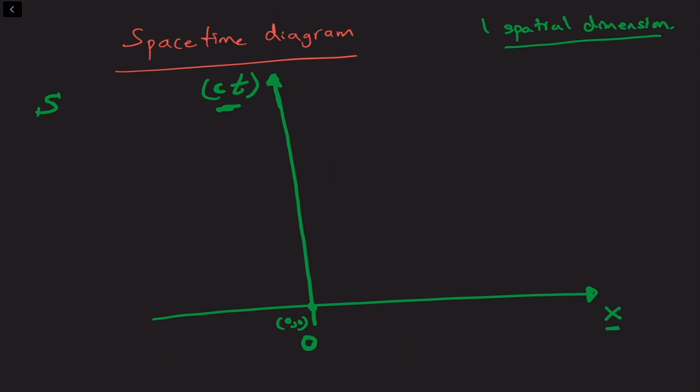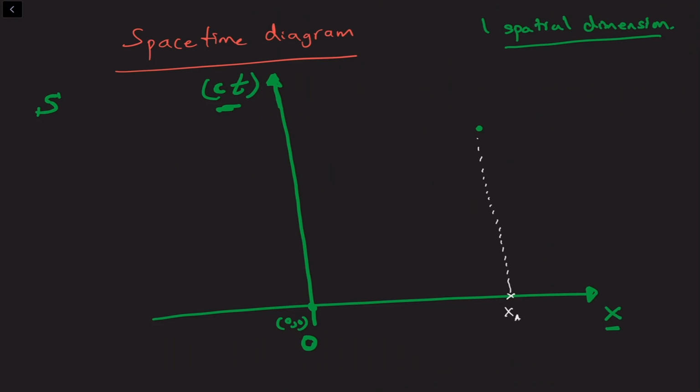Now, if you take a particular point on this diagram, you can find out the spatial position of this event and the temporal position of this event by asking what is the x-coordinate, and you do this by dropping a perpendicular down to the x-axis, and this tells you the x-coordinate of this event.